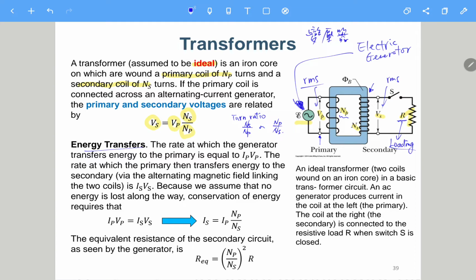When the generator generates the voltage, it can be as high as hundreds of thousands of volts, 几十万伏.